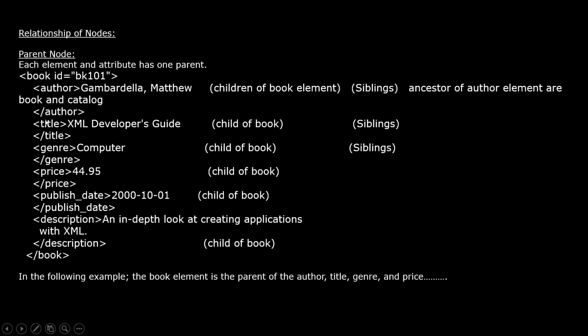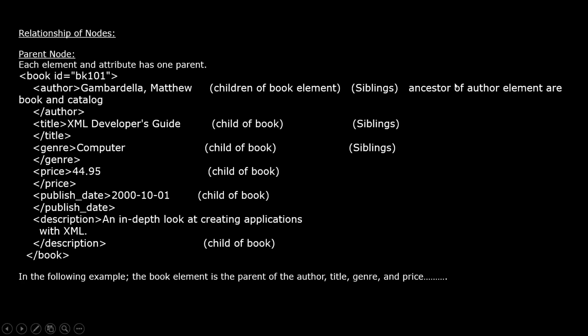Also author, title, genre, price, publish date and description are all siblings. This title is a child of book, this genre is a child of book, this publish date is a child of book, and this book is a child of the root element, catalog.